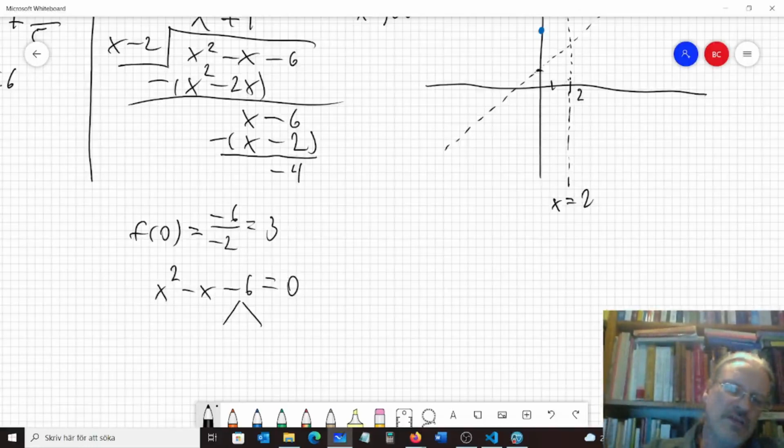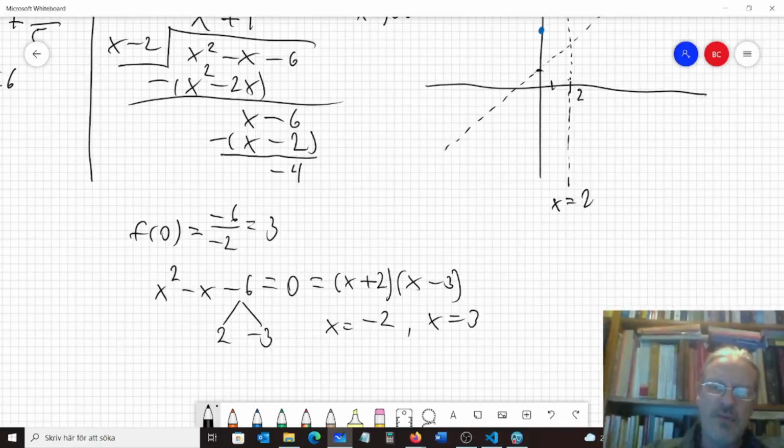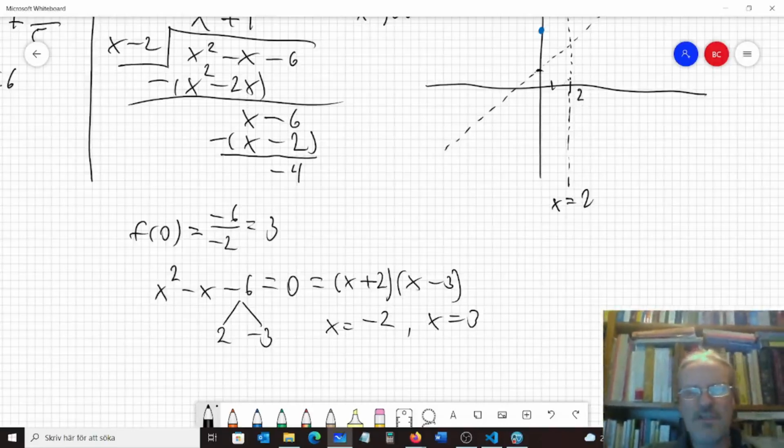And that will give us 2 and minus 3. So this can be written as x plus 2 times x minus 3. By the null factor law, we have x is minus 2 and x is 3 as our zeros.